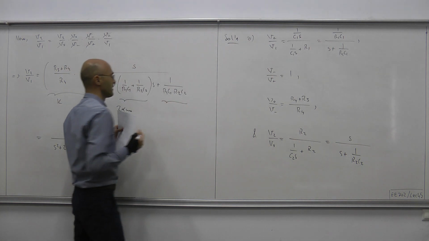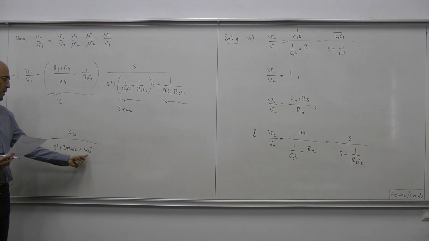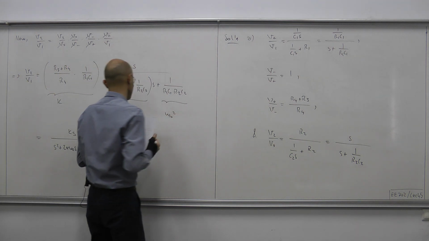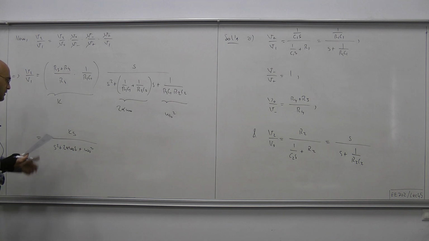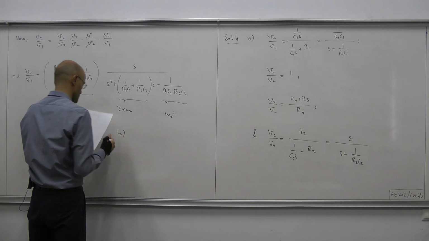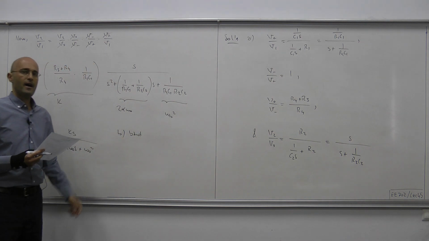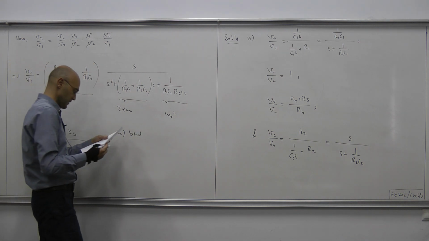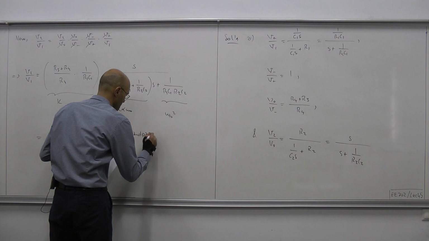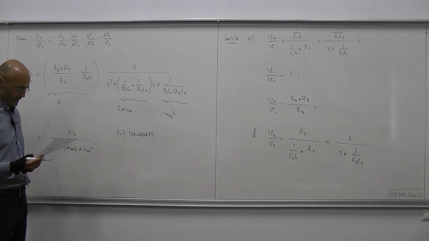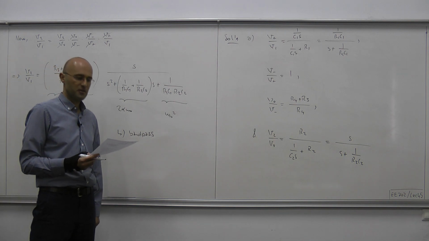And finally, this 0th order term is our omega 0 squared. So the answer to part B therefore is this circuit has bandpass filter characteristics. Now let's move on to the last part, the design part.